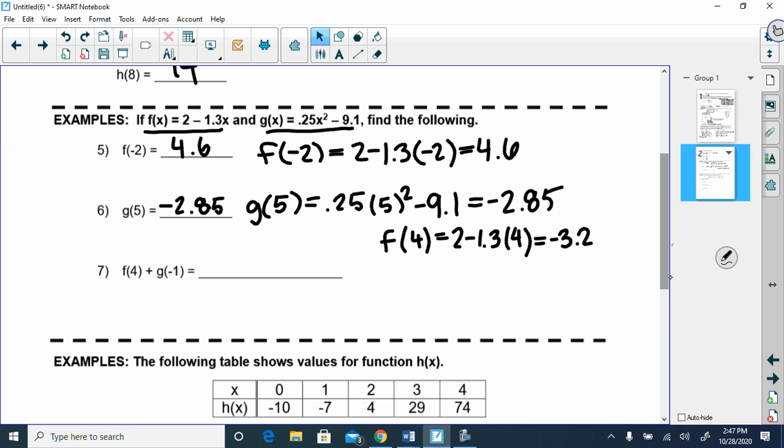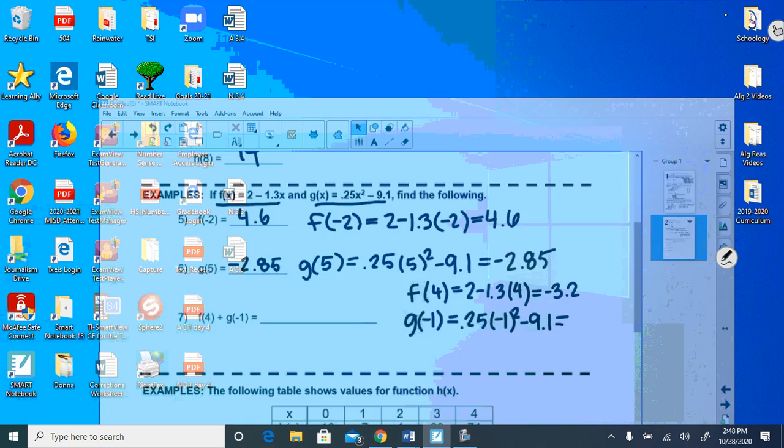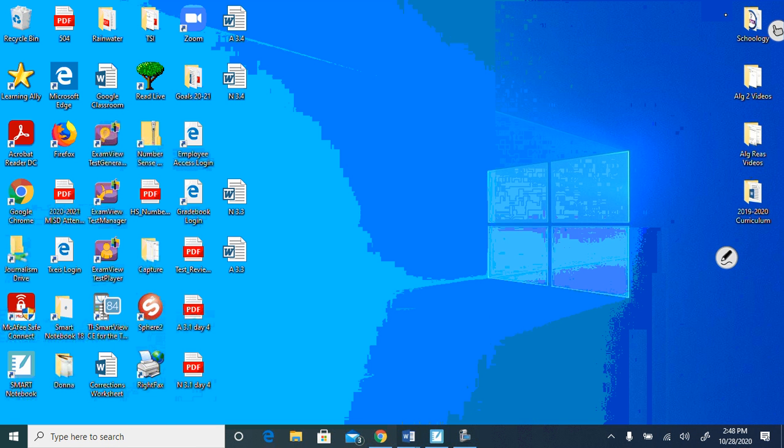Okay, but I'm also supposed to add to that g of negative 1, so I got to see what that is as well. So this time I'm plugging into the second equation. So I got 2.5 times negative 1 squared minus 9.1. What does that one give us? I think I got an 8. Yeah, that's what I got.